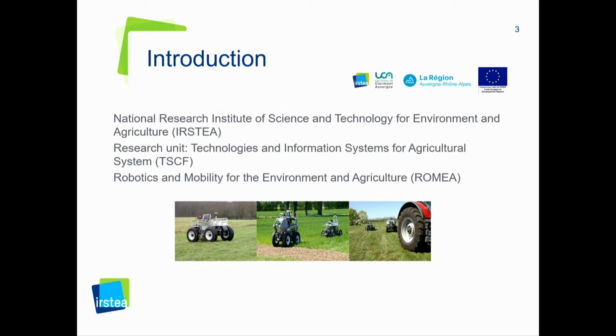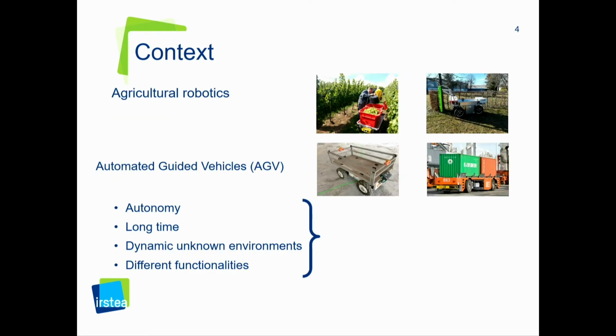As I said, I work in Irstea for the moment, in the ROMIA team, Robotics and Mobility for Environment and Agriculture. The thesis is funded by the region thanks to European funds. For agricultural robots and for mobile industrial robots, the robots are becoming more and more autonomous.